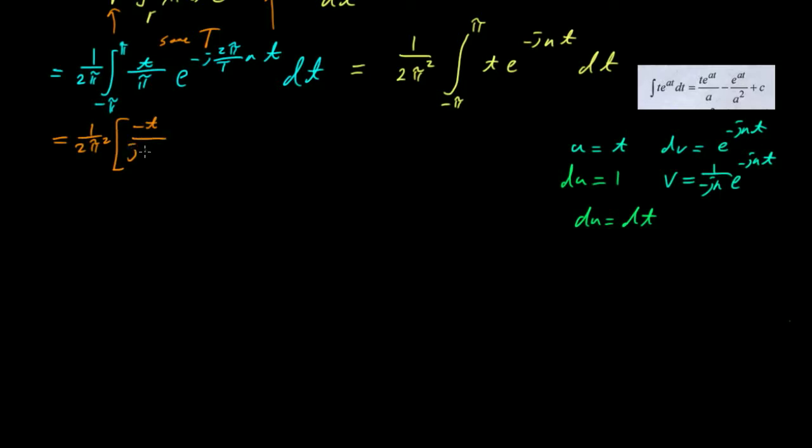So this is negative 1 over jn e to the minus jnt dt. And we can solve that one now. It isn't too bad.